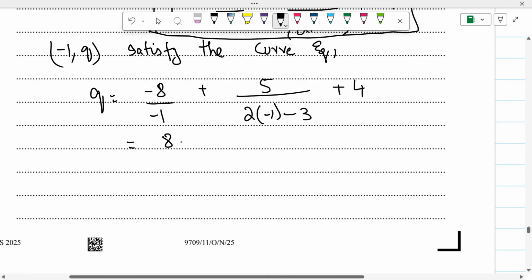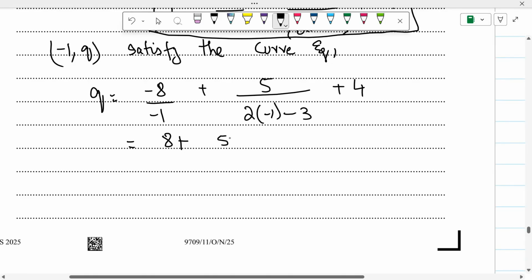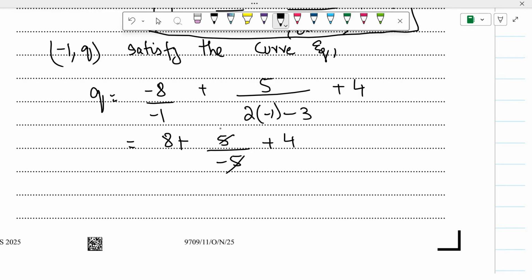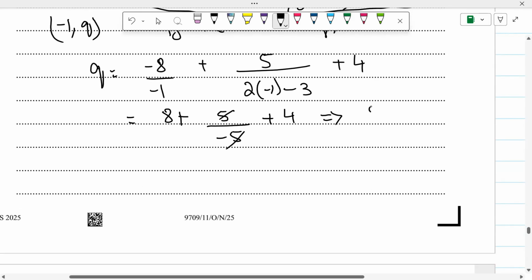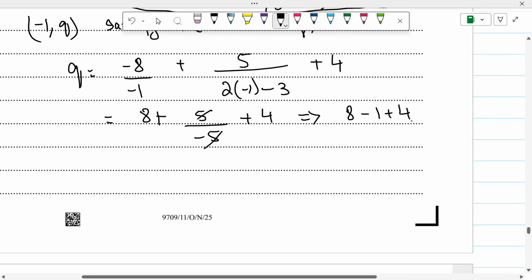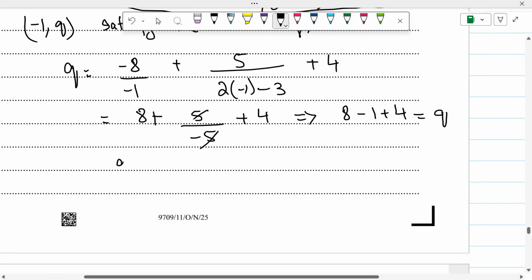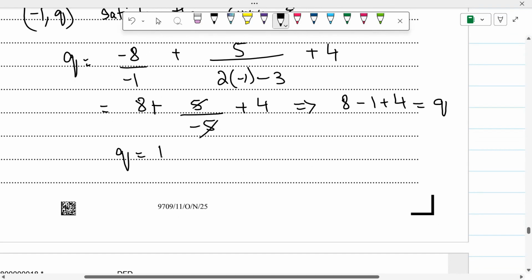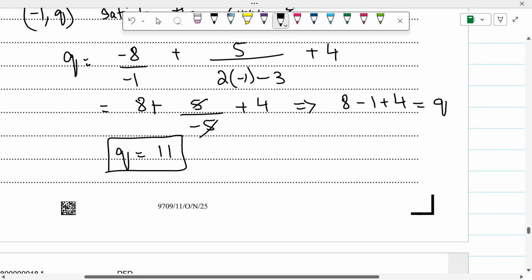And this one is equal to 8 plus 5 over negative 5 plus 4. So this one is equal to negative 1 and we will have 8 minus 1 plus 4 equal to q. So we can say that q is equal to 11. So this was the required value of q.